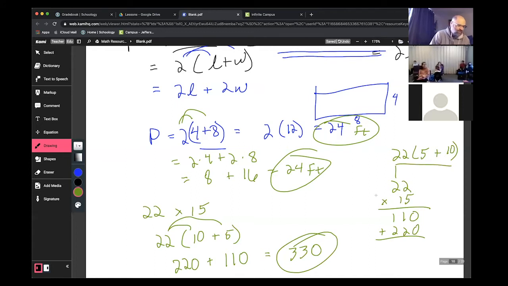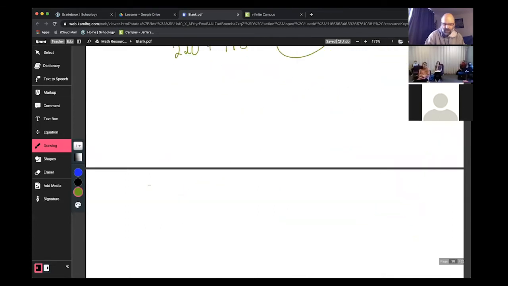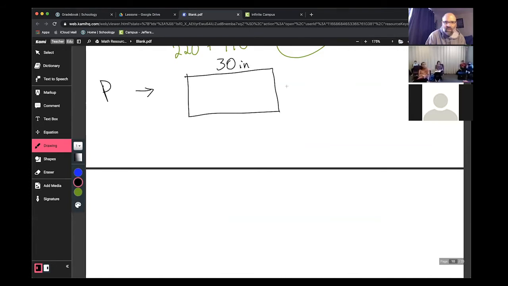Okay. So let's try another example or two. Let's see if you can find the perimeter, and you can do this however you want. I just want you to find the perimeter of this rectangle. So this is 30 inches by 20 inches.